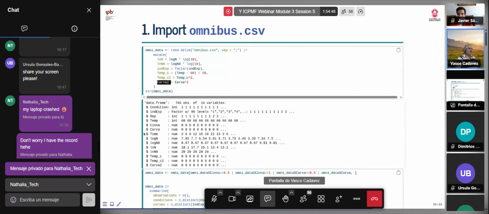If you take a look now at the structure of the data, we have the condition, we have the index experiment, so we have 96 experiments, we have some repetitions, okay?